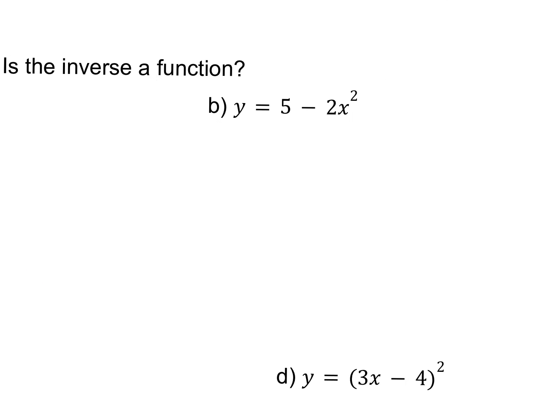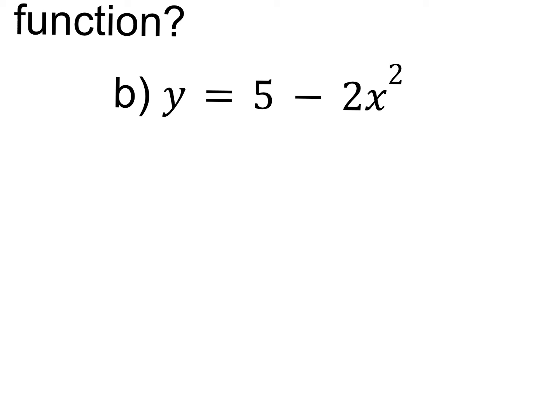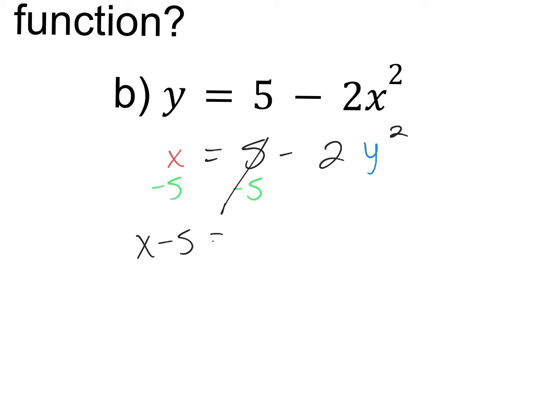Let's do another one. Okay, so writing the inverse again, first step is to switch them. So I have x equals 5 minus 2y squared. All right, so let's get the y by itself. I think first thing I would need to do is, there's a few different ways to look at this one, but I'm going to minus 5. So I have x minus 5 equals negative 2y squared.